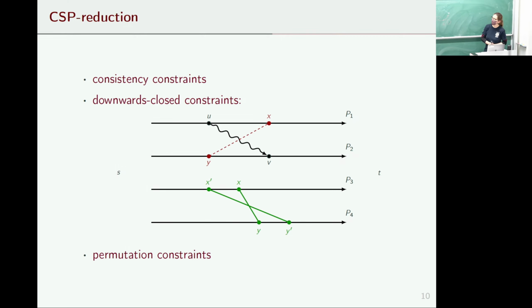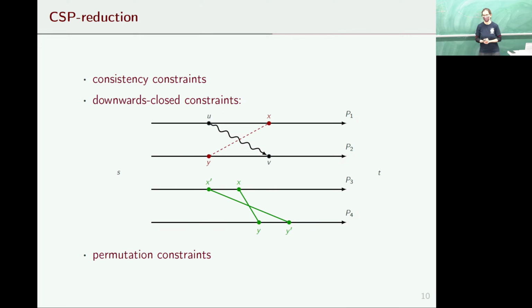And the complicated part is that I also want to be consistent with the choices the other pairs make, right? Because I do get such a CSP formulation for every one of my pairs, because I only have this for one. And the other pairs have their own variables and their own paths.